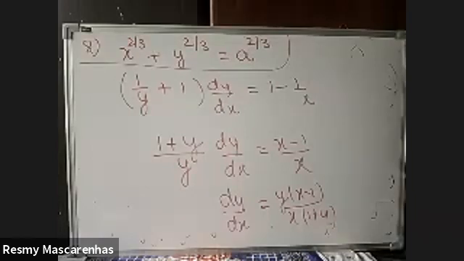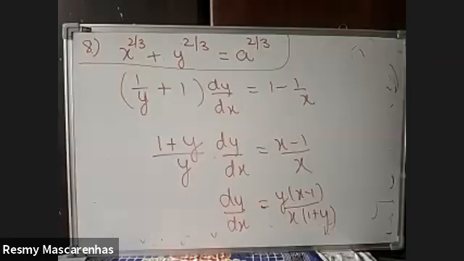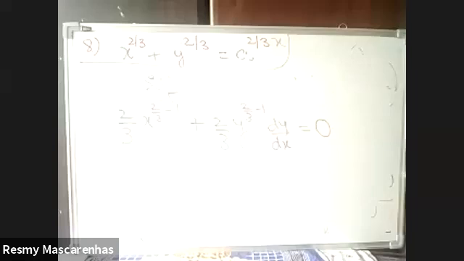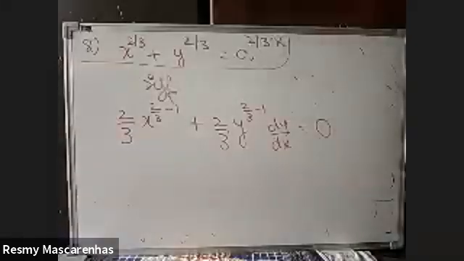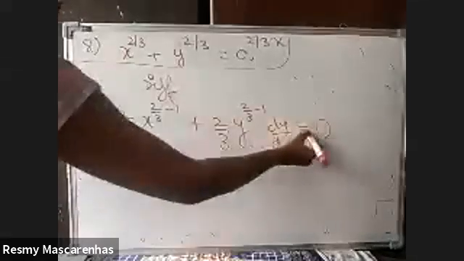This is not x. This is a number raised to a number. So any number raised to a number is a constant, so straight away the answer will be 0. Number raised to number, the answer will always be 0.